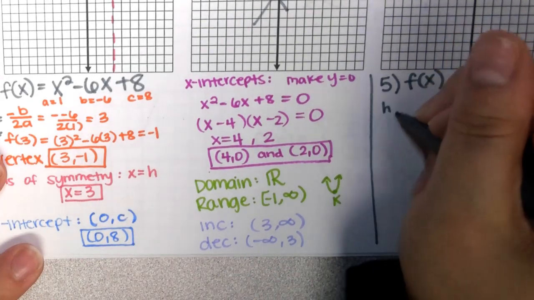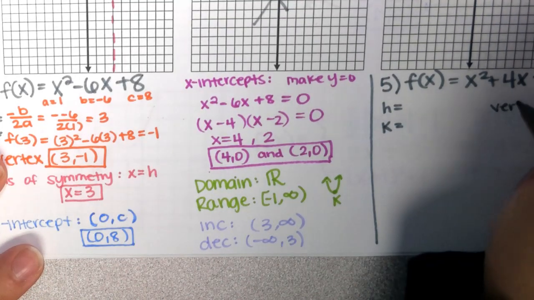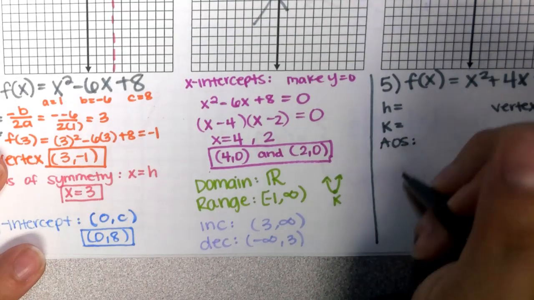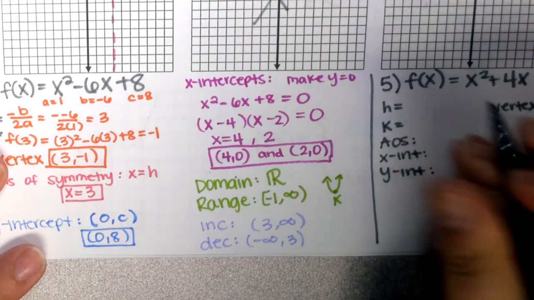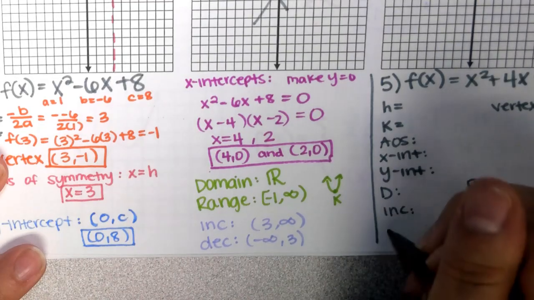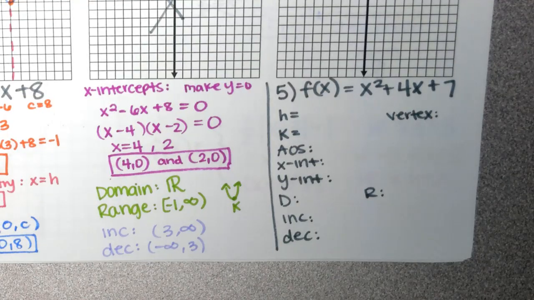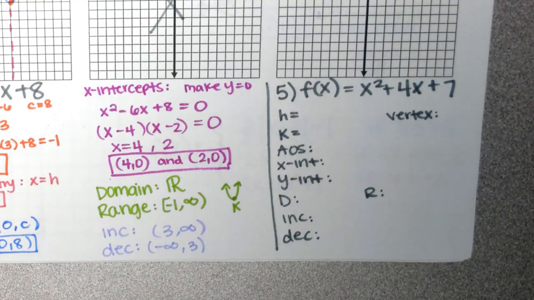So I want you to find H, K, your vertex, your axis of symmetry, the x-intercepts, the y-intercepts, the domain and range, the increasing and the decreasing. It's going to be a lot quicker than you think. X squared plus 4x plus 7. Go.